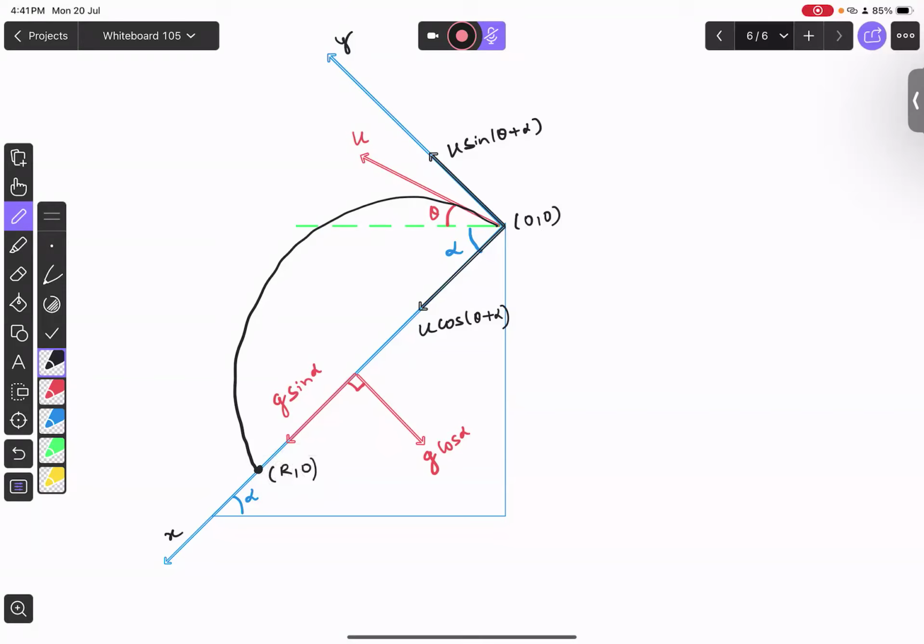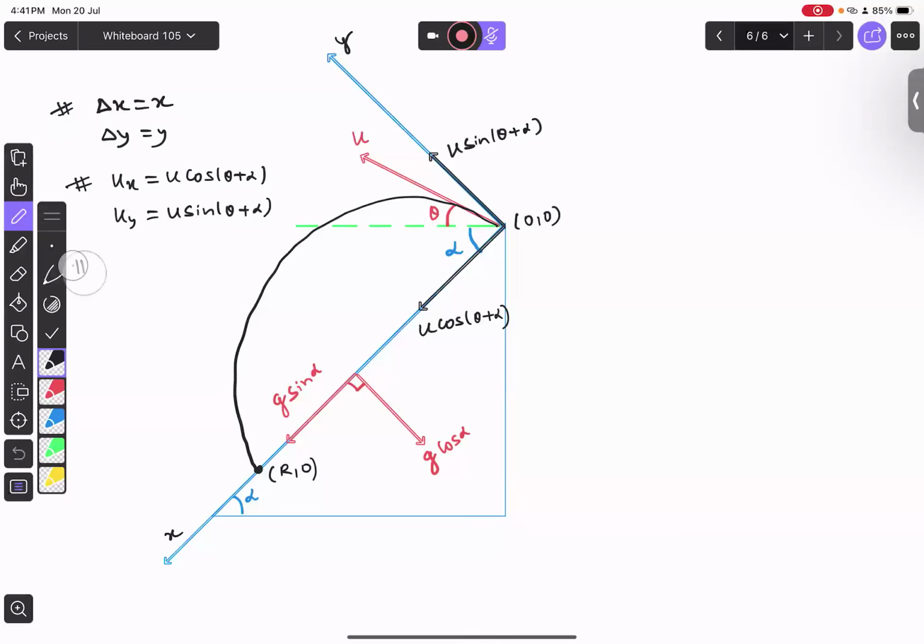After that, every process same. Displacement along x, x. Displacement along y, y. Velocity along x, initial u cos(theta plus alpha). Velocity along y, initial u sin(theta plus alpha).